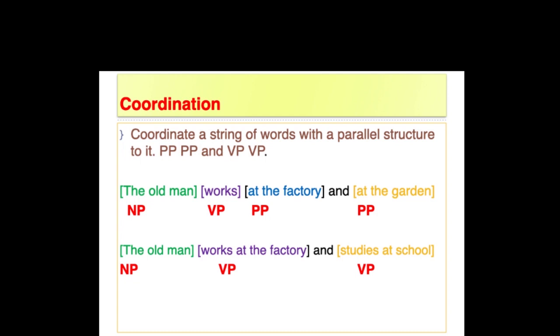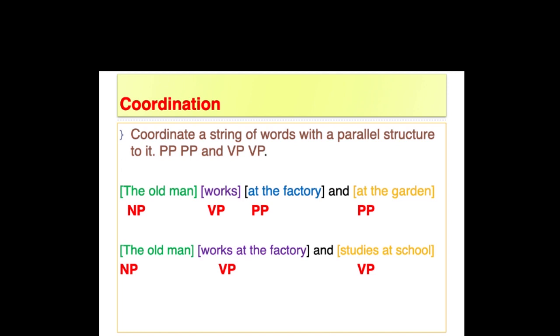Coordination tests are also other ways that will allow us to see if a string of words acts like a single constituent. Coordination, or a string of words coordinates a string of words with a parallel structure to it. For example, if you have a PP, you can use another similar structure to it.